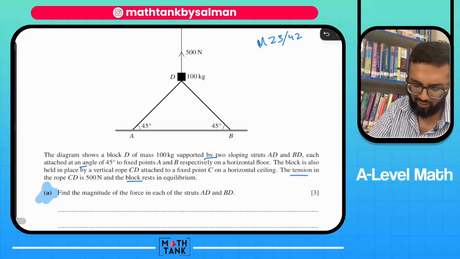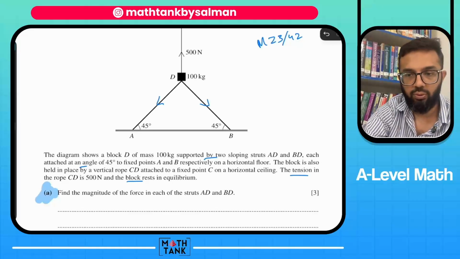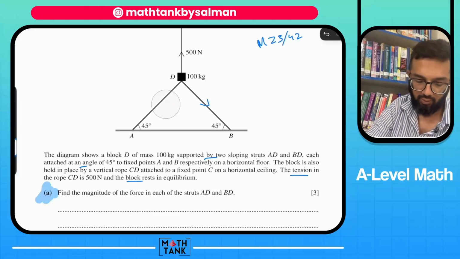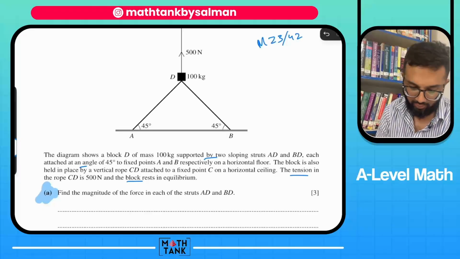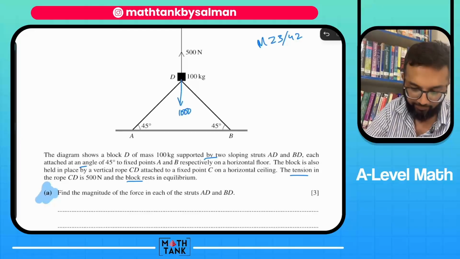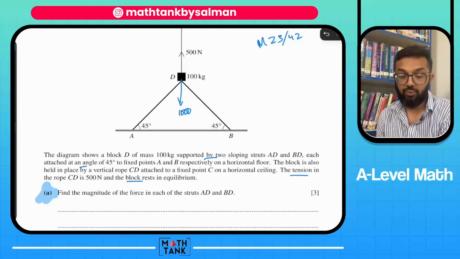The struts is more like it's definitely pulling it down, क्योंकि वो equilibrium create करना होगा. Or so I think. Okay, so the tension in the rope CD is 500 Newton and the block rests in equilibrium. अब इसको रिजॉल्व करना है। पहली तो बात यह है कि इसका जो वेट होगा वो डाउनवर्ड्स आ रहा होगा, 1000 newtons.